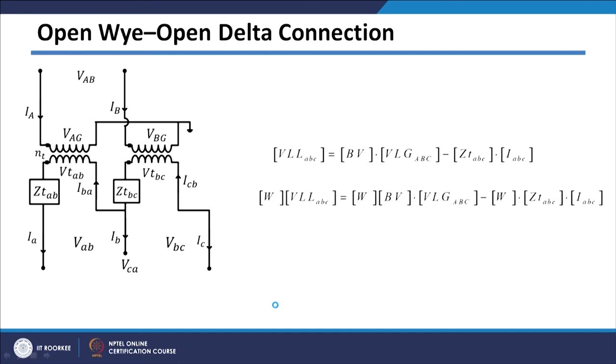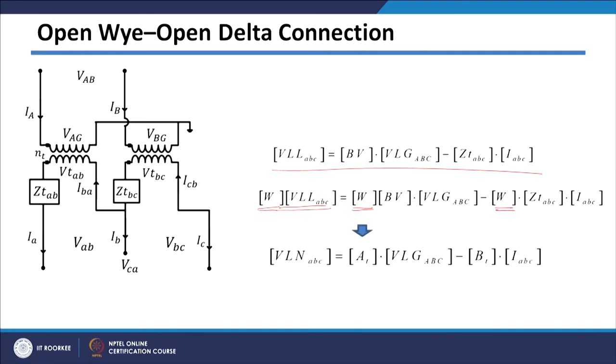So we know that the multiplication matrix will be basically W. Every term in this equation needs to be multiplied by W to get line to neutral voltages on the left hand side. So this W multiplied by VLL will become line to neutral voltages on the secondary side, basically this side.